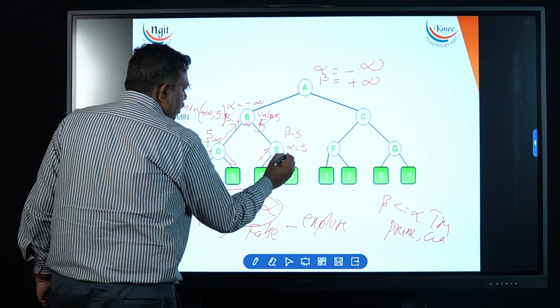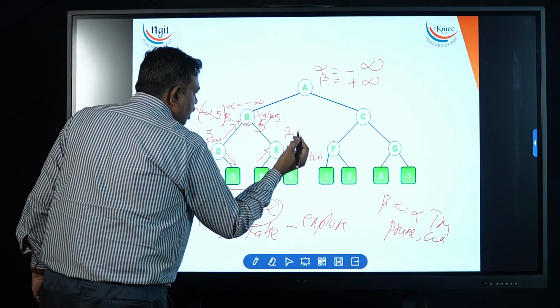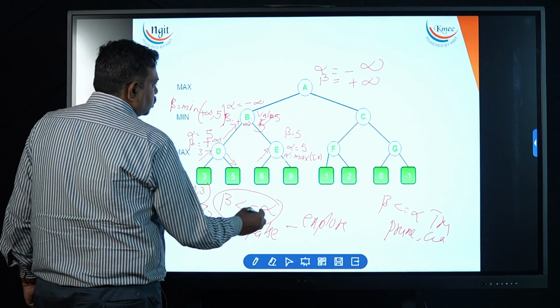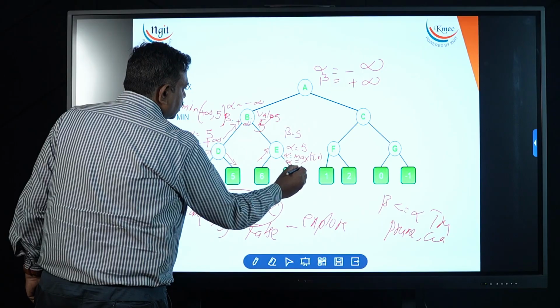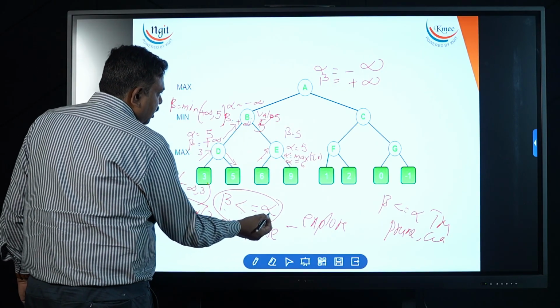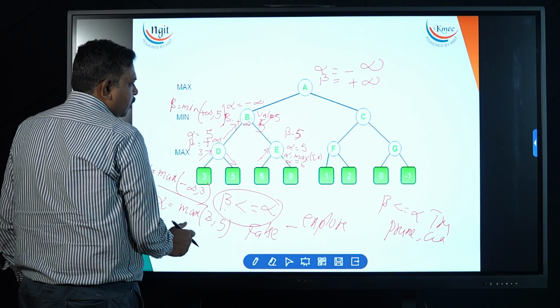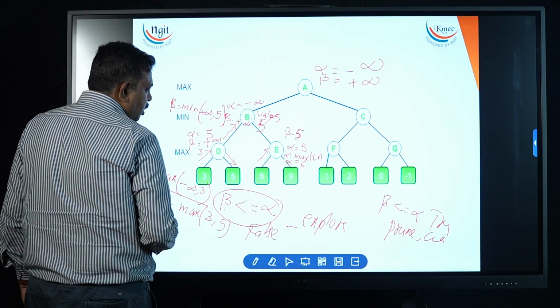Recently I calculated 5. Now I send 6. At the max level I calculate alpha equal to the maximum of 5 and 6. So alpha equals 6. Again I check the condition: is beta less than or equal to alpha? Here beta is 5, which I recently updated. 5 is less than or equal to alpha, true.